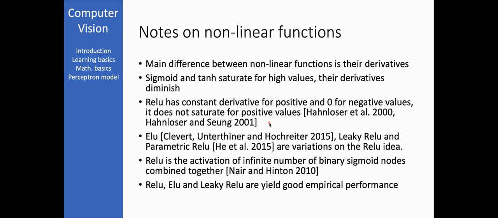And from a theoretical point of view, the rectified linear unit is the activation of an infinite number of binary sigmoid nodes, all combined together. Both ReLU, ELU, and leaky ReLU yield really good performance when we create deep neural networks with multiple layers to solve complex tasks.